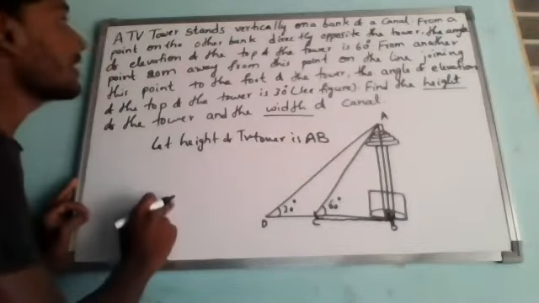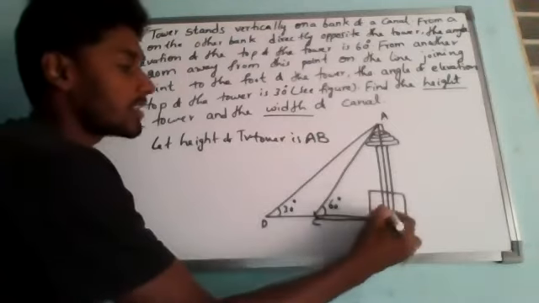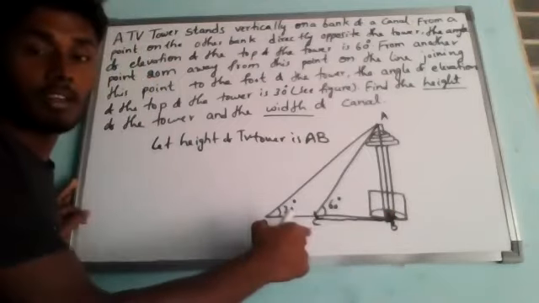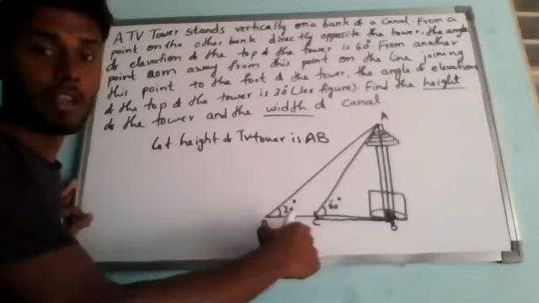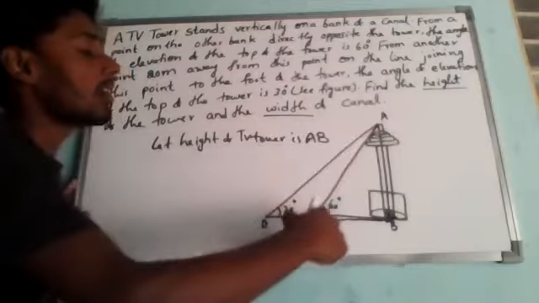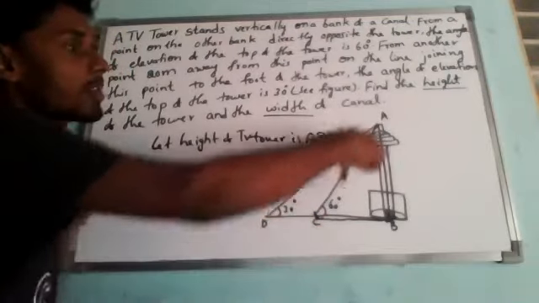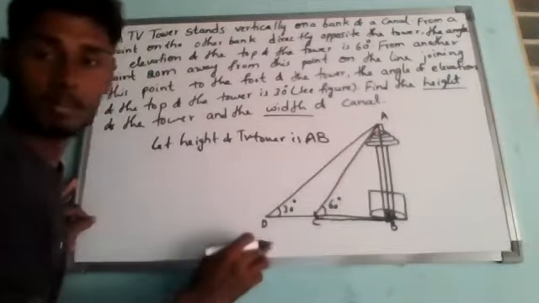Now what they are saying is, from the left bank of the canal, it forms an angle of elevation of 60 degrees to the top of the tower. Understand?